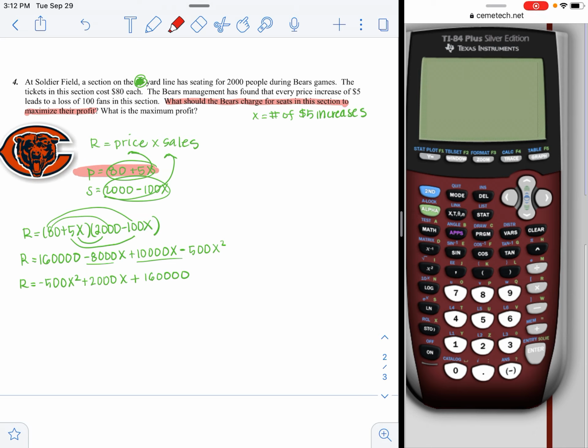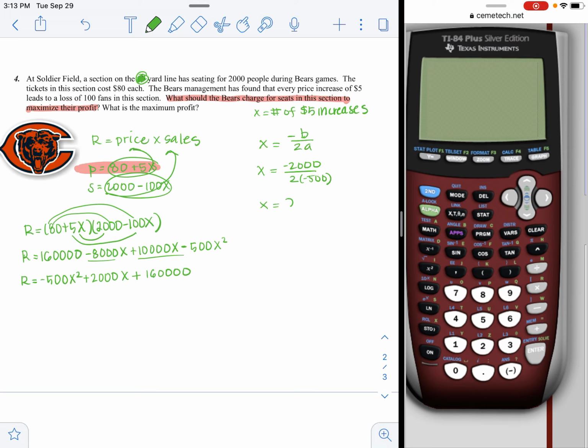So to find P, I need X. We know how to find X. X is equal to the opposite of B over 2 times A. So X equals the opposite of B, so negative 2,000 over 2 times A, which is negative 500. 2 times negative 500 is negative 1,000. Negative 2,000 divided by negative 1,000 is 2, right? Okay. Once again, you can use a calculator, but I'm not seeing that I need it that much with that.